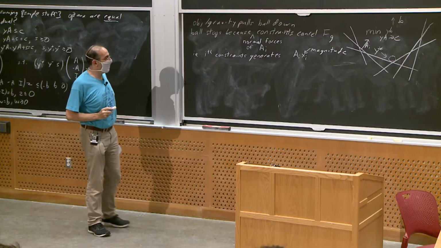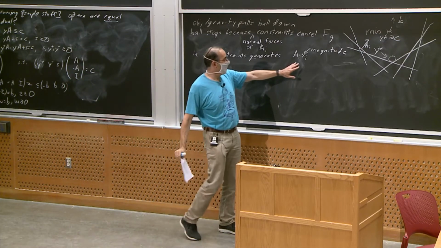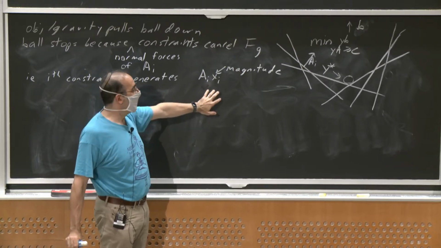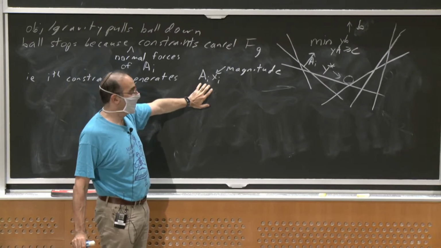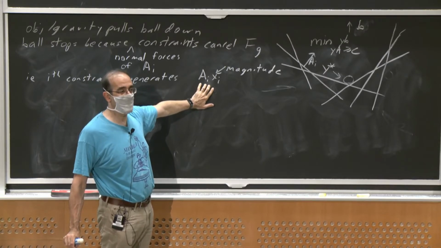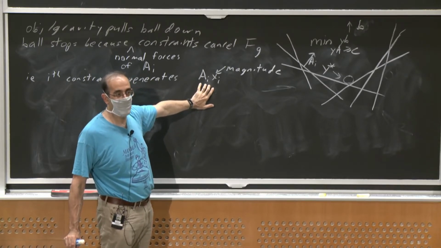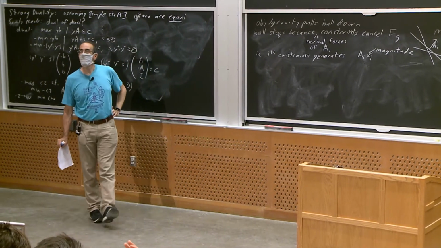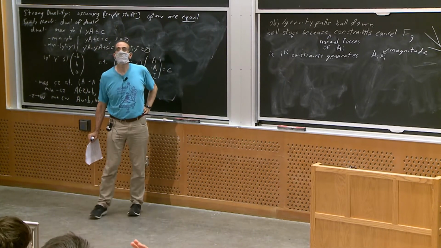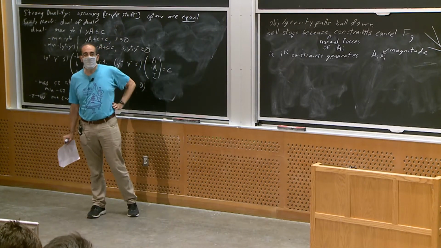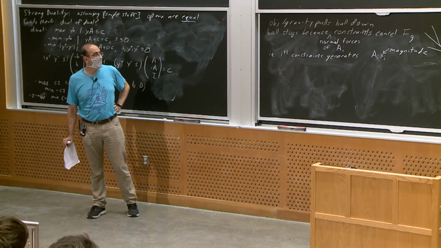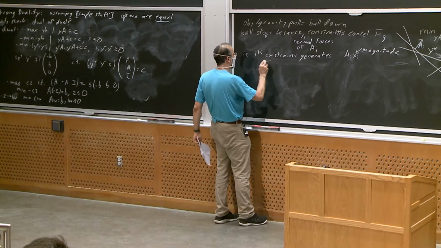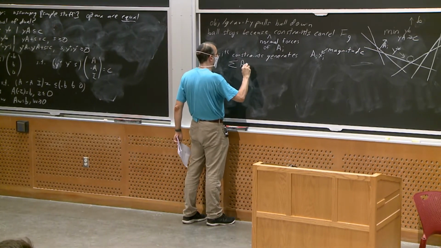So now that I've written down these variables, how do we express mathematically the notion that the forces from the hyperplanes exactly cancel gravity? We would say that the sum over all i of a_i x_i is F_g.